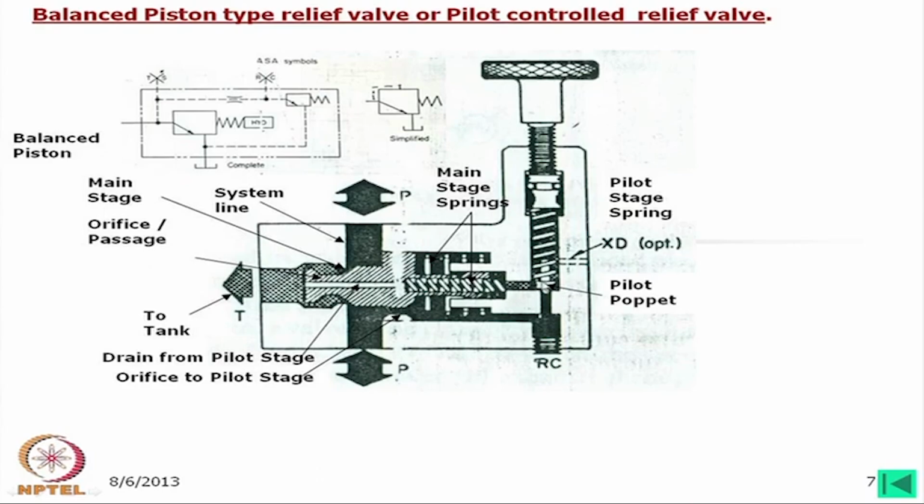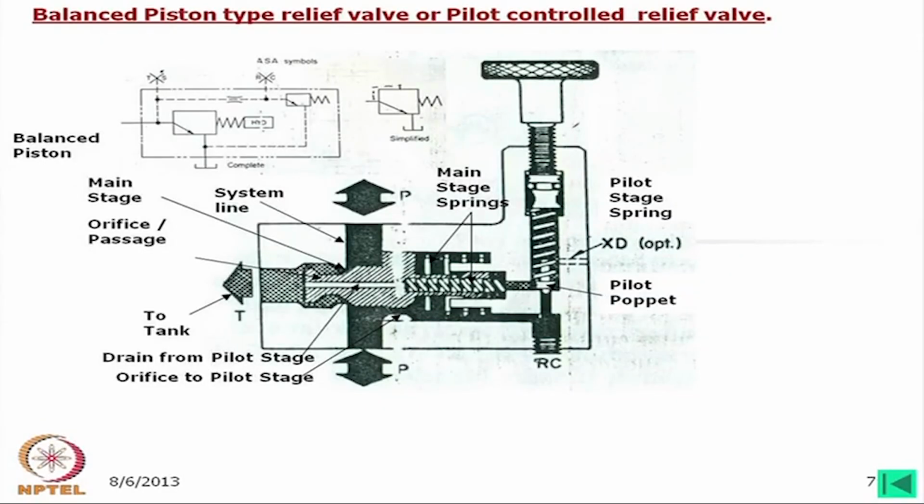But at that pressure also, when this opens, you will find that the differential pressure will remain more or less the same, and for that differential pressure this poppet will remain open. Again, we are not regulating this much, only one is open and another is closed. Normally you will find this opening is very large.